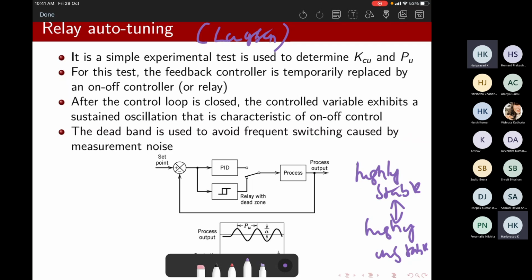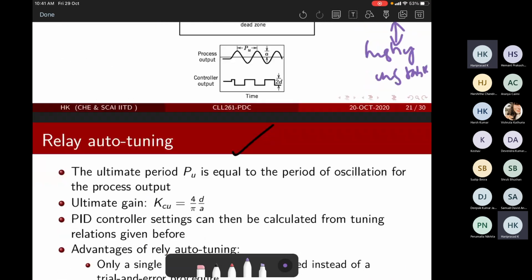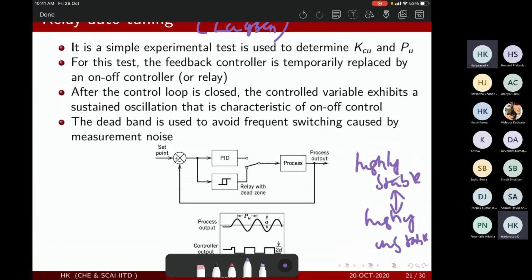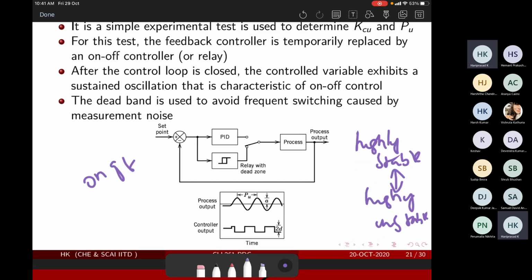What they tend to say is, what you really need is just an oscillation. Don't do a PID business. So I am going to put a relay. Relay means an on-off controller, and I'll make an artificial oscillation with this on-off controller.